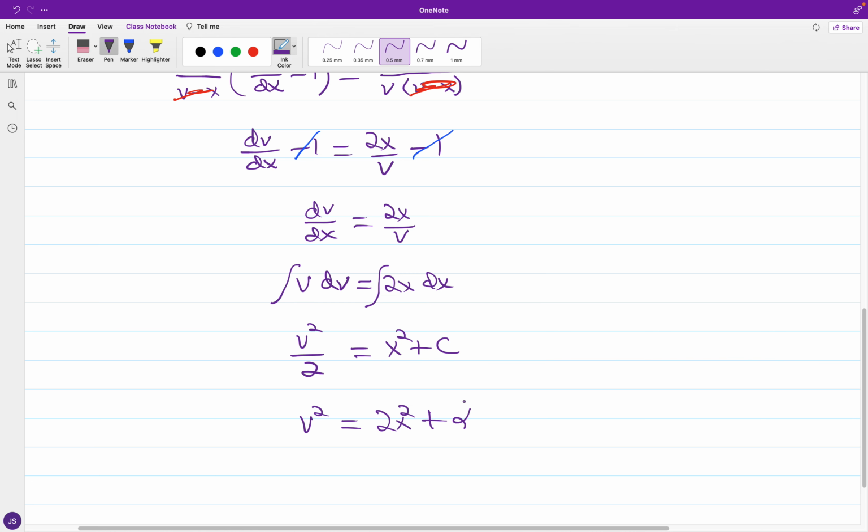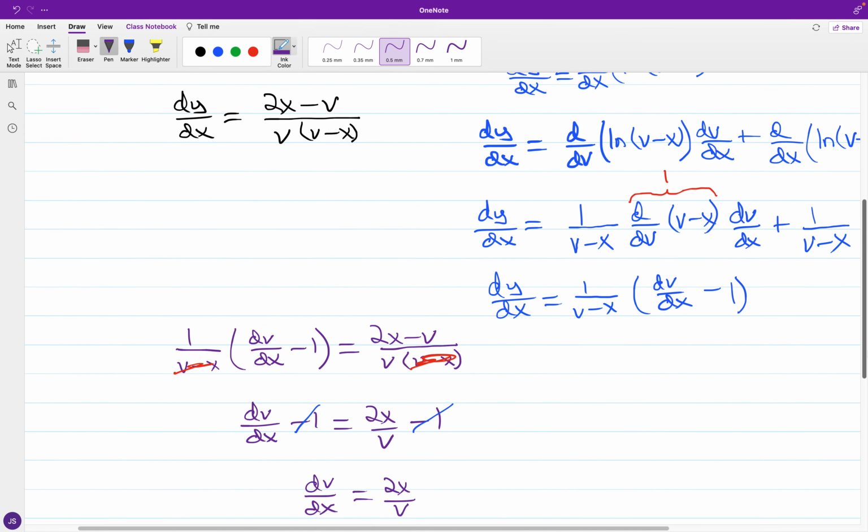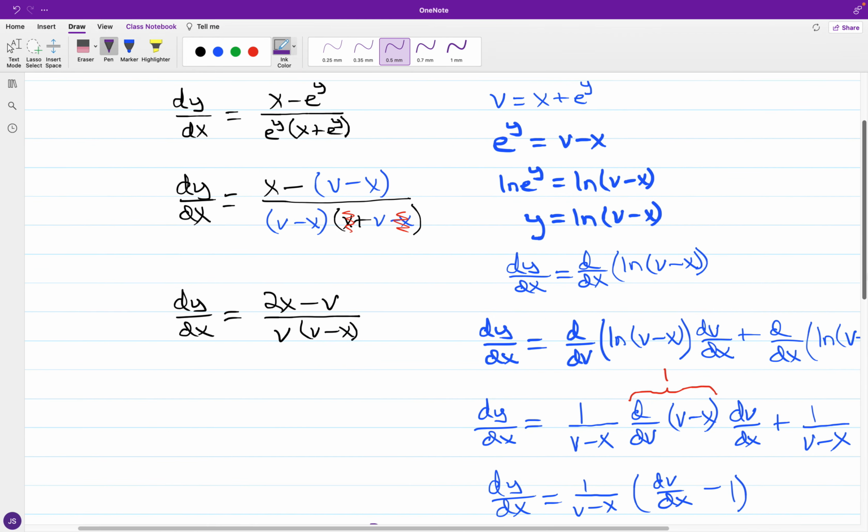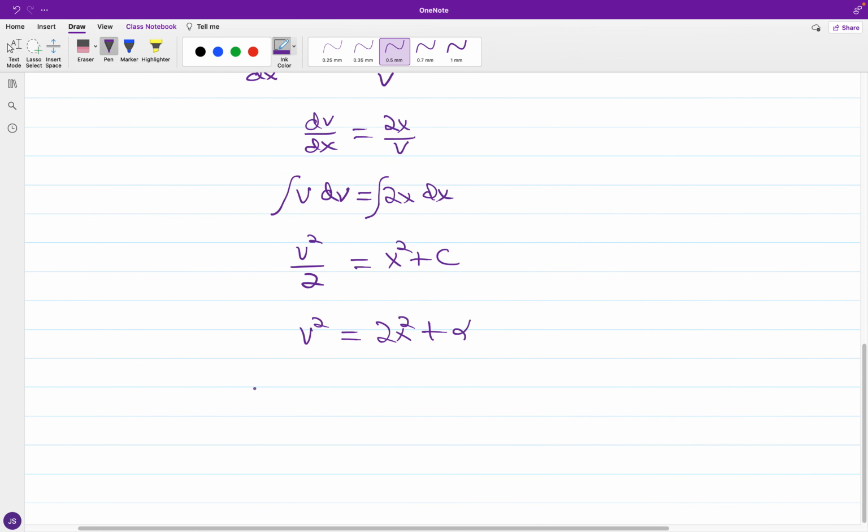Having set that up, again I had v established as x plus e to the y.